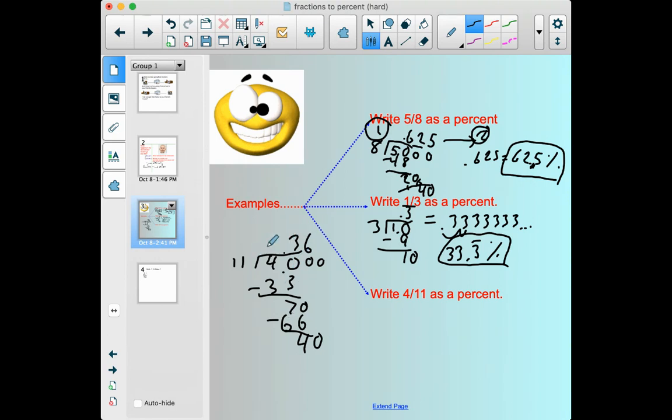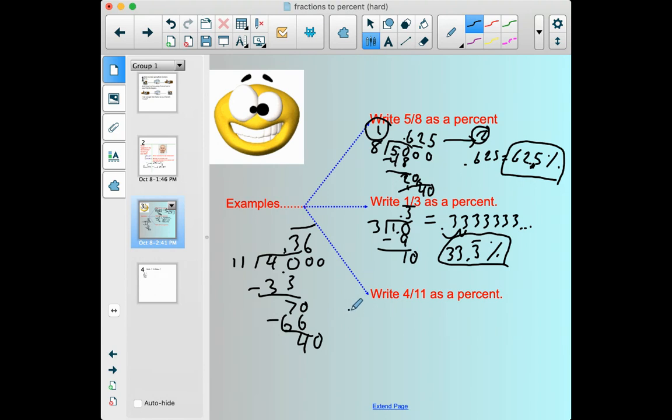Okay, and then that gave me a 6 next and got me back to 40. Okay, so this tells me that I'm going to have the same results over from this point, right? So it went into 40 3 times, then 6. So this 3, 6 is going to repeat. Okay, I'd have a 3 next, then a 6, then a 3, then a 6, then a 3, then a 6. So I get 0.36 repeating.